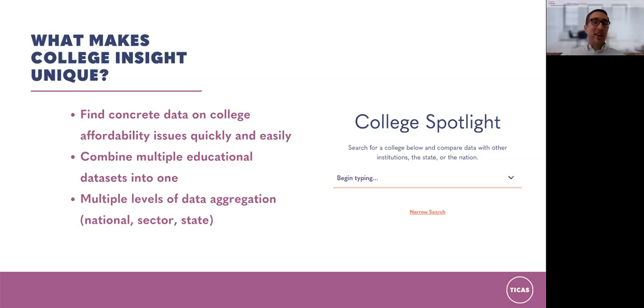I think the most important feature in my mind is actually the ability to pull data on lots of different levels of aggregation. For instance, you could pull data that summarize the national level, but also you could drill down specifically into a state like California, or even into individual institutions.